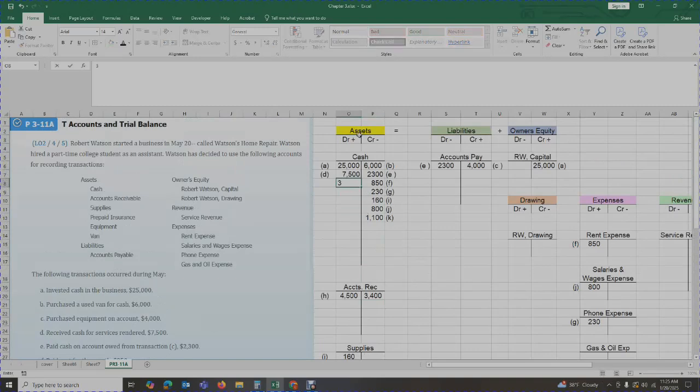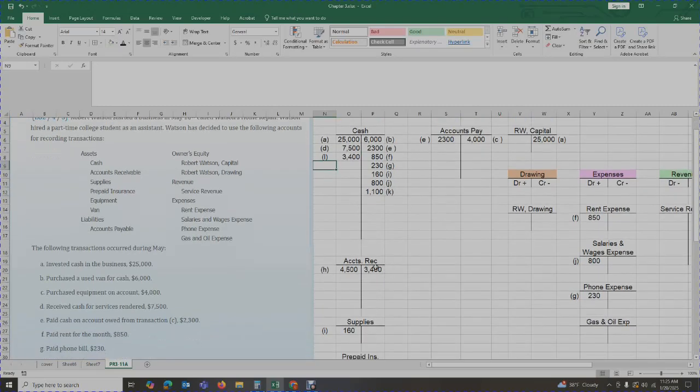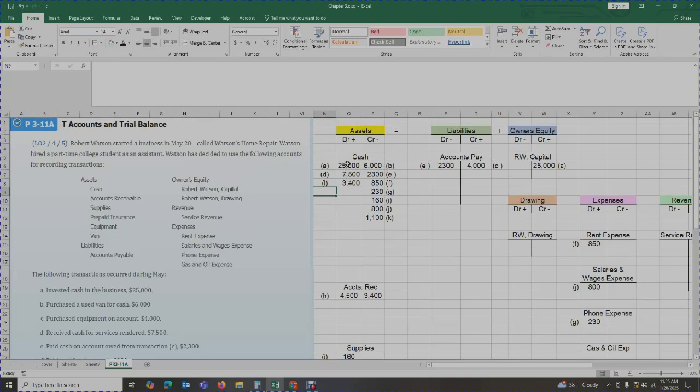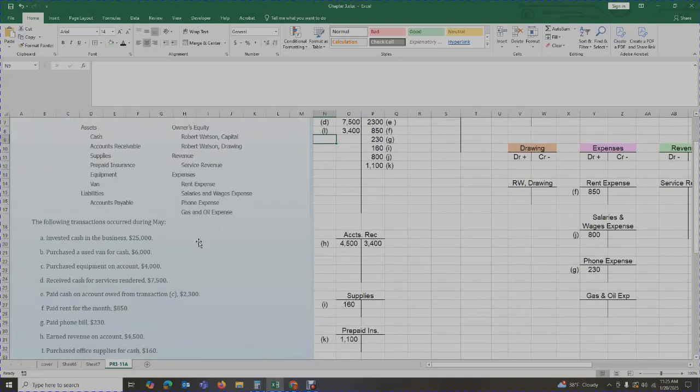So cash is an increase of $3,400. This is for letter L. I've got a debit to cash and a credit to accounts receivable. So the balance for the receivable has decreased by $3,400, and your cash has increased by $3,400 because that is the amount that we've collected thus far.